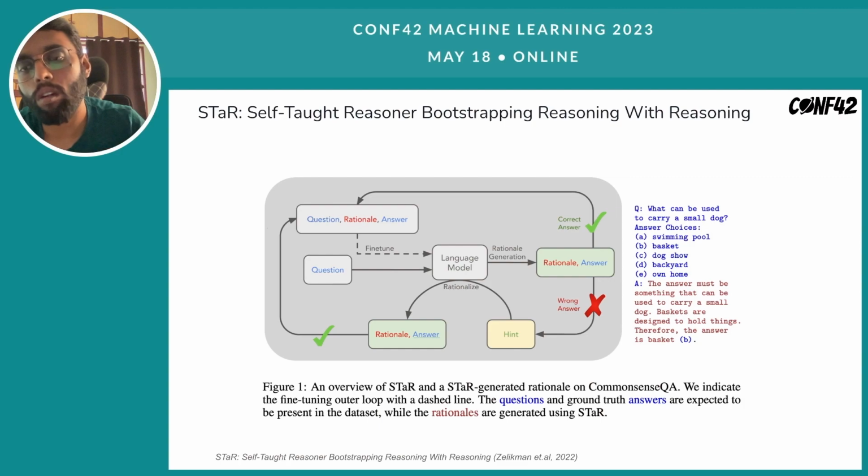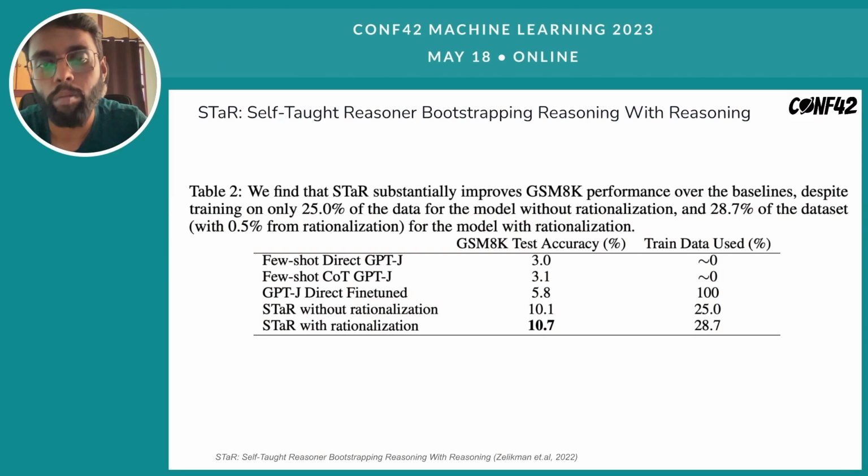They ask the model to generate a rationale, and then they put that back into the fine tuning mixture. That way they fine tune the model again, and the fine tuned model has a better ability to generate rationales. They do this iteratively, and then they have a final model. This has proved to improve the mathematical reasoning abilities even when using only a partial training data set.